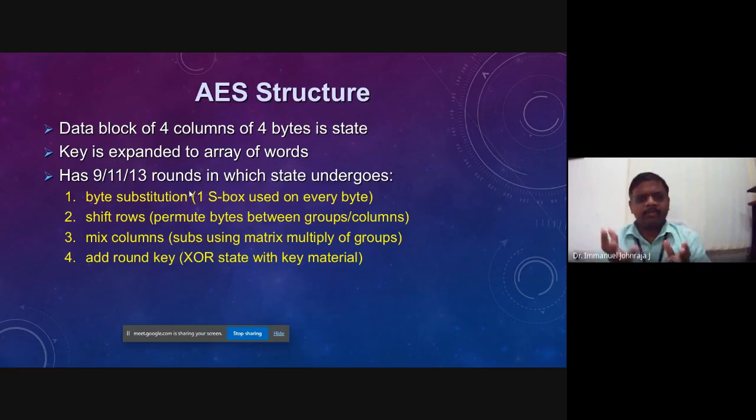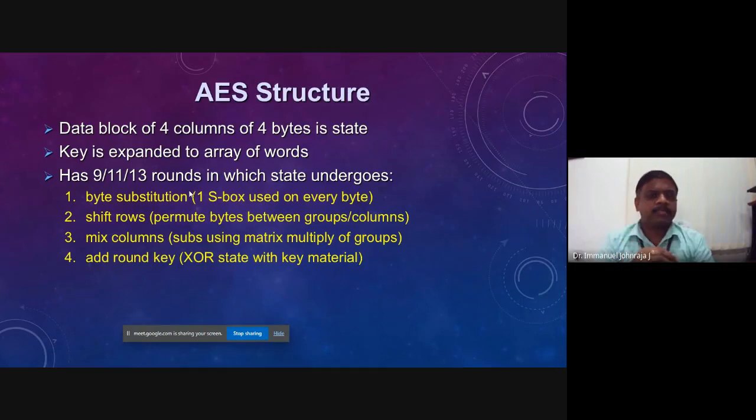So what happens? The data block is available as a state, something similar to a matrix structure. It goes for substitution initially. That is the standard way of substituting the values, which we call byte substitution. Then rows are shifted, columns are shifted, which means it is rotated in the horizontal direction and the vertical direction. So it goes for transposition, and then the key is supplied to increase the confusion.